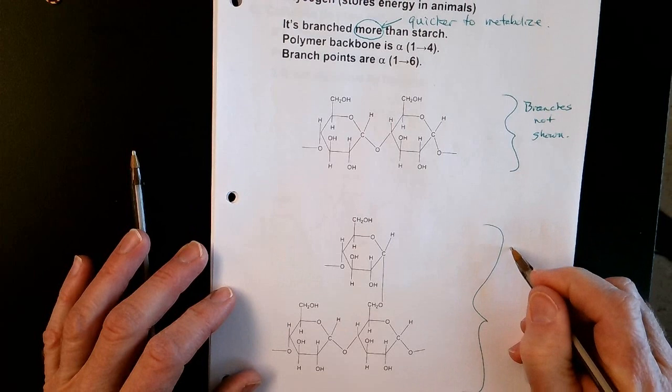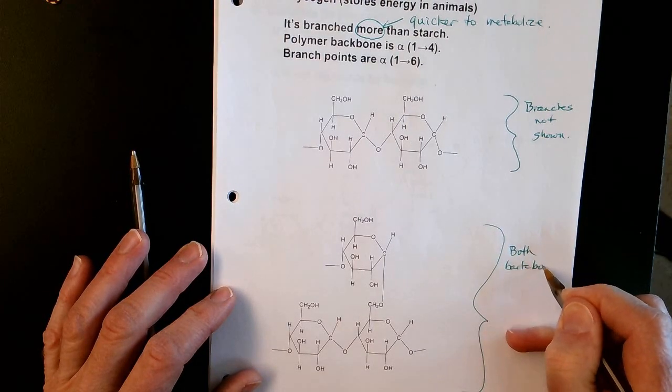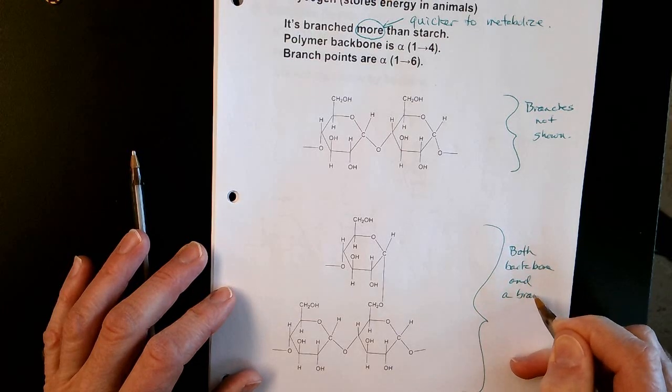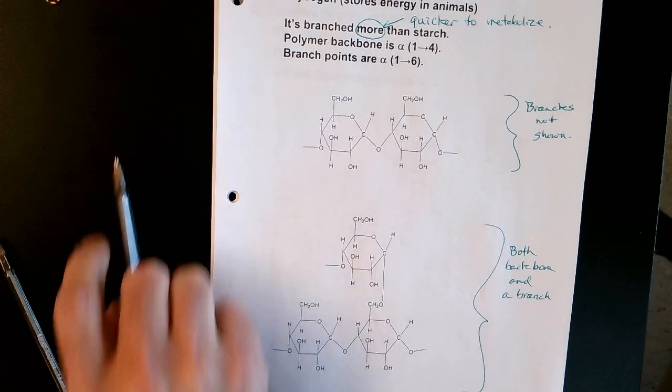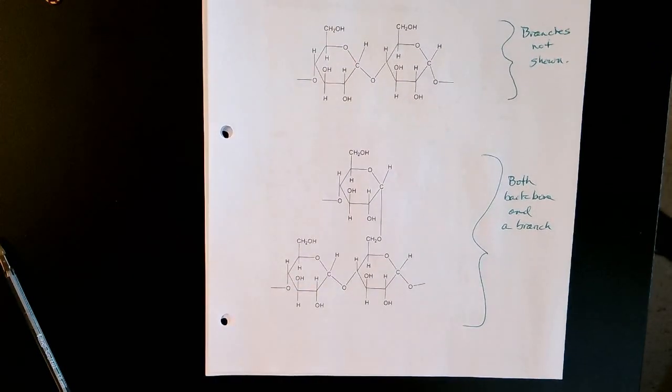This right here is both the backbone and a branch. So kind of the same as on the other page. Just looking at that comparison, you couldn't tell whether you're looking at starch or glycogen.